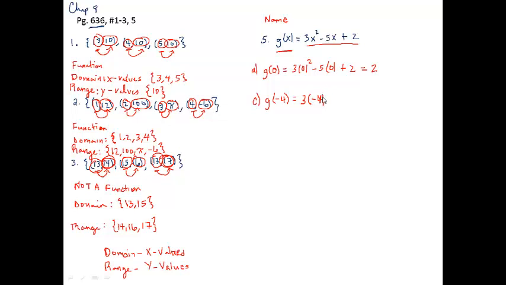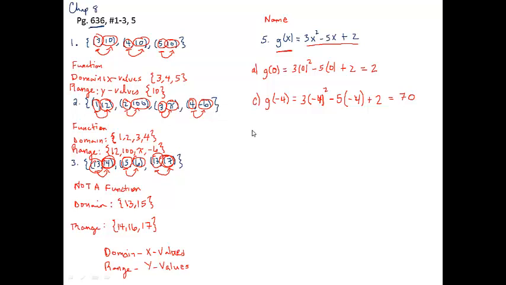Make sure you're using parentheses since it's a negative number and you're squaring it or raising it to a power. 5 times negative 4 plus 2. And that should come out to be, hold on, let me do it in my head real quick. 16 times 3 is 48, 68, 70. So it should come out to be 70.